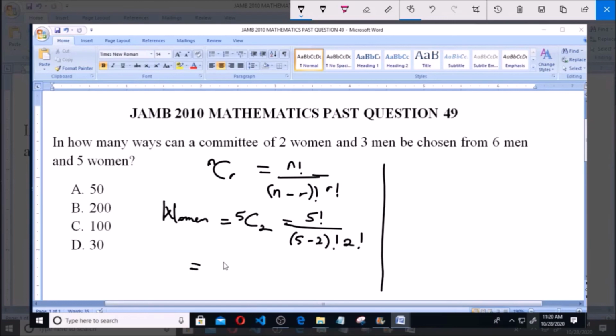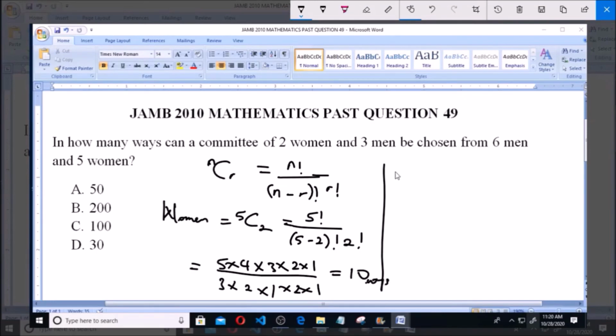So this is 5 times 4 times 3 times 2 times 1, that's 5 factorial, all over 3 factorial, that's 3 times 2 times 1, then times 2 factorial, so times 2 times 1. If you do this, it will give you 10. So you can pick 2 women out of 5 women in 10 ways.